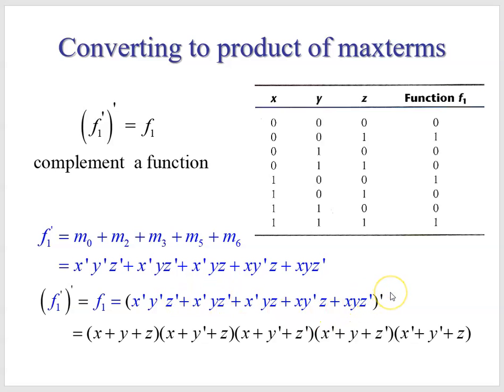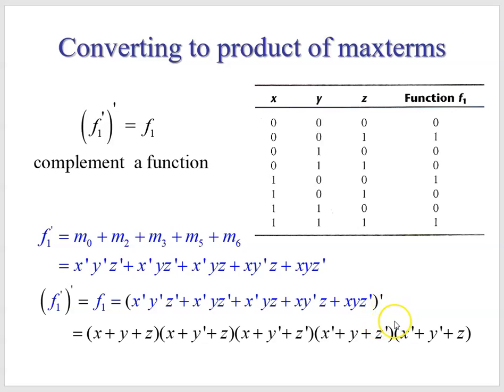We can do that then using De Morgan's theorem. We complement that, we get back to f1. We complement that using De Morgan's theorem. Then you take the dual of the function, convert all the ORs to ANDs and the ANDs to ORs, and complement each literal. And you should verify to yourself and practice this.